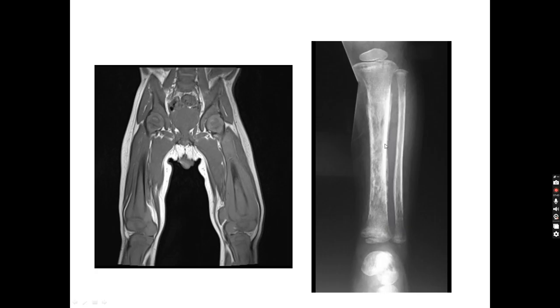There is a periosteal reaction here, and this is the same patient, but it is a coronal T1 image of the bilateral femur showing a soft tissue mass, but there is little cortical destruction, but the marrow signal intensity is altered.